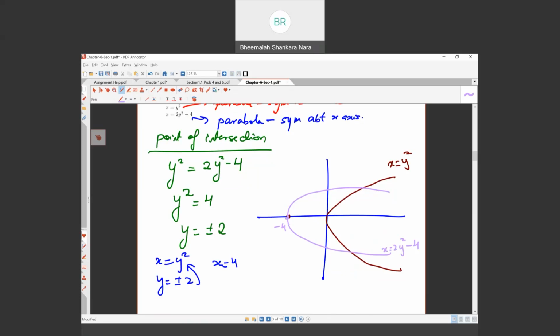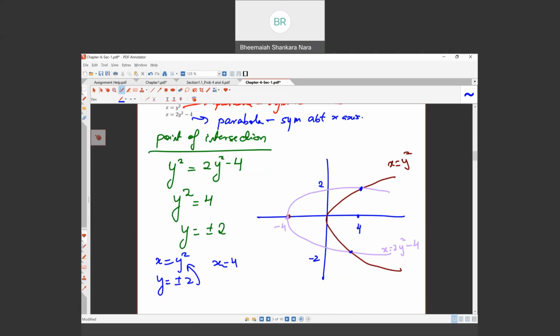And we see the points of intersection for these two parabolic curves have positive and negative 2 y values, which we are seeing here. And this point here should be a +4, which is the x value, which we solved just now.